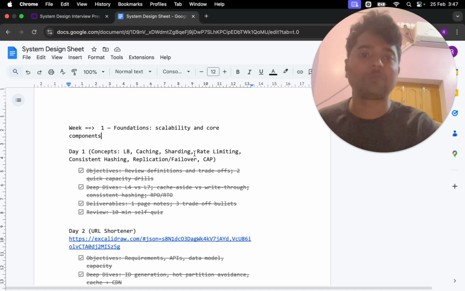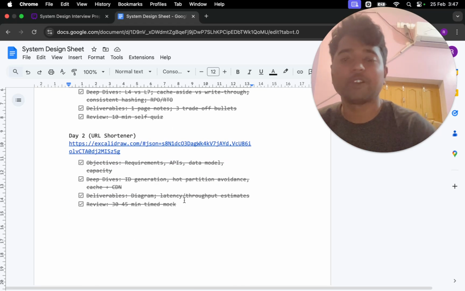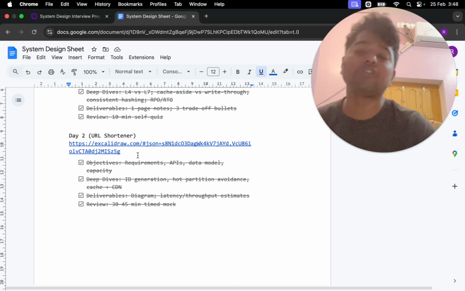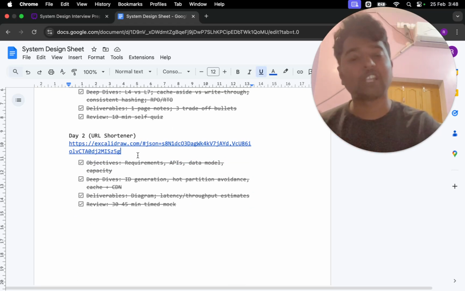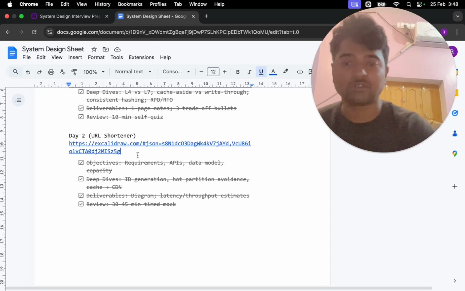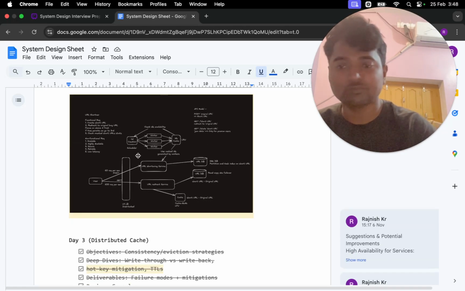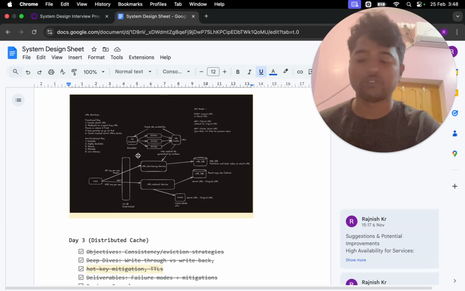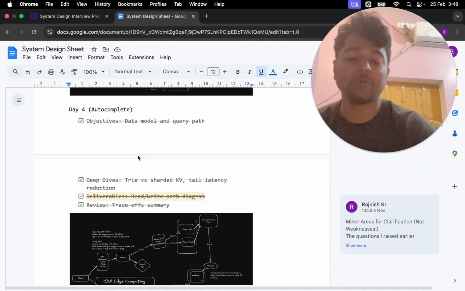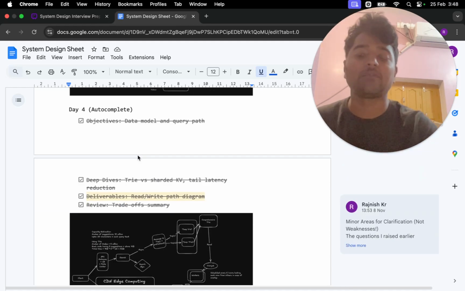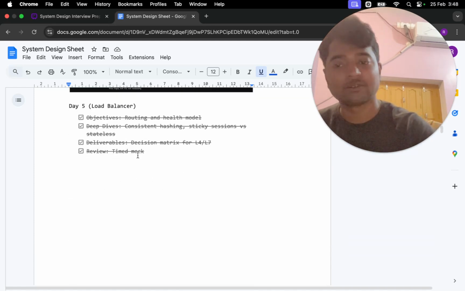All these concepts are required in the first week, and based on this you will be going through a number of problems. During the problem solving as well, you can be grasping some of the concepts, so there is no issue over there. This way I do the first week, and I understand all the basics of system design by going through core components and scalability.